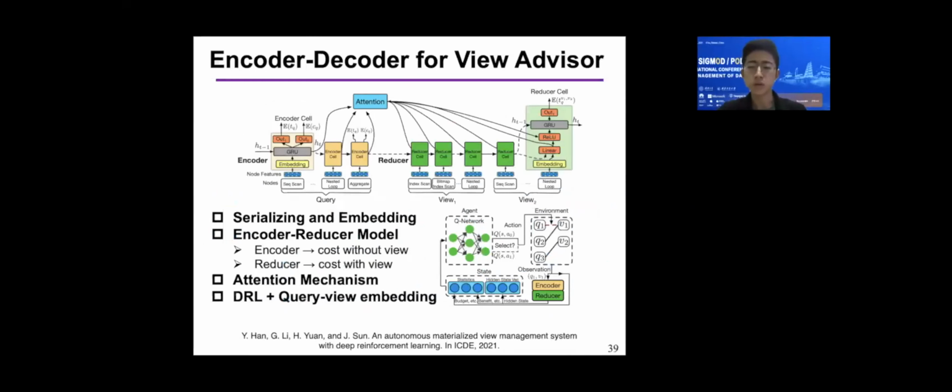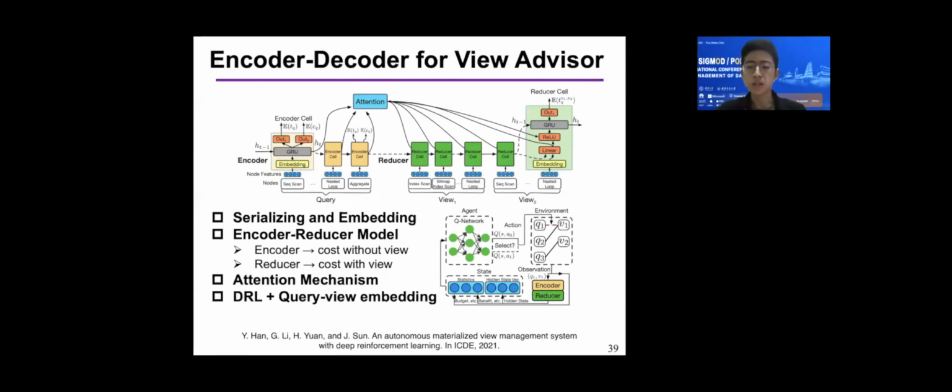So the core idea here is the encoder-reducer model that can encode both the queries and the materialized views, where the encoder is an RNN that just embeds the query features, and then the reducer will encode the encoded query features together with the candidate materialized views into an embedding vector.